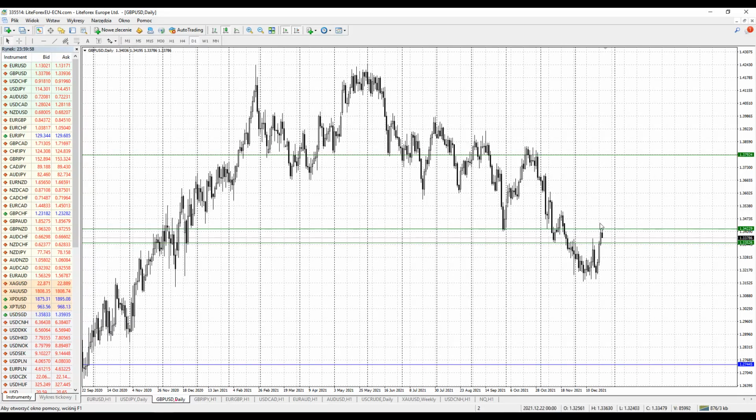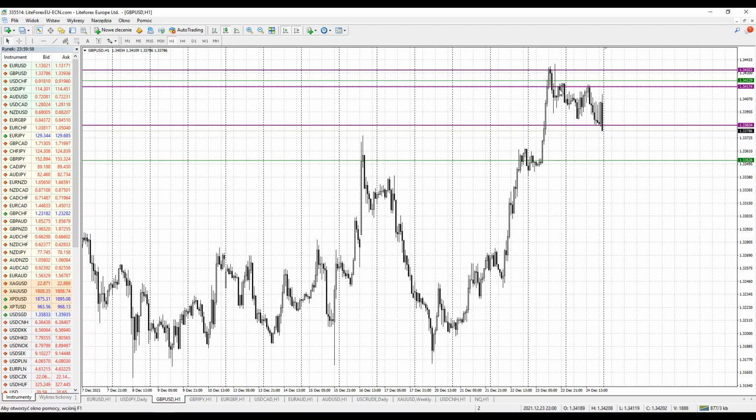Taking into consideration the last 2 days and this particular daily line, let's have a look at what we had on a smaller time frame. There were already some intraday lines here and here, and in the middle it was the daily. After such price action with the huge upper shadow, some kind of rejection within a very important zone, for me it's no doubt a setup to try to go short.